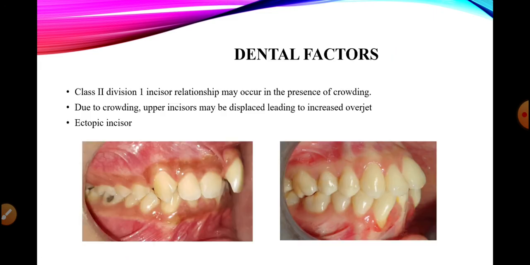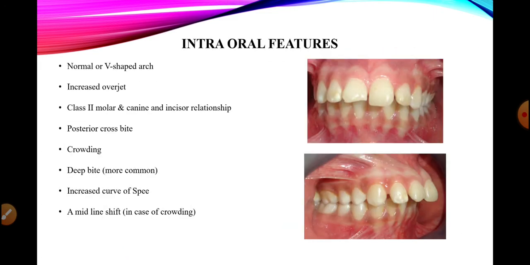Then we discussed them in detail, and then we talked about the extraoral and the intraoral features of class 2 division 1 malocclusion, in which we said that we will usually have a normal to V-shaped arch and proclined upper incisors, increased overjet, and increased curve of Spee.